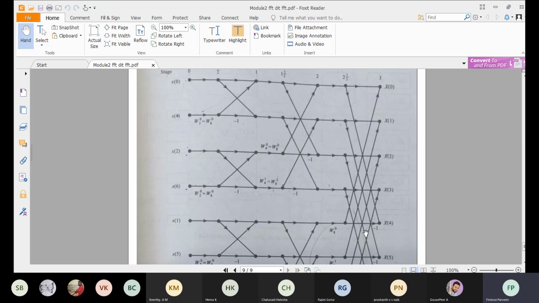So in the 8 point DFT you are having 3 stages: 8 point, 4 point and 2 point. Here it is x of 0, right? This is x of 1, this is x of 2.